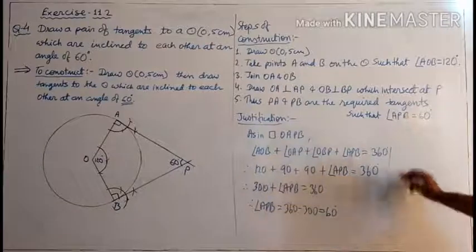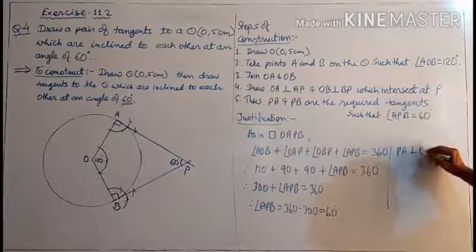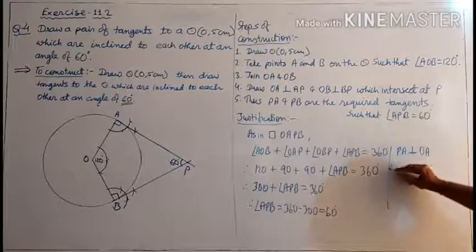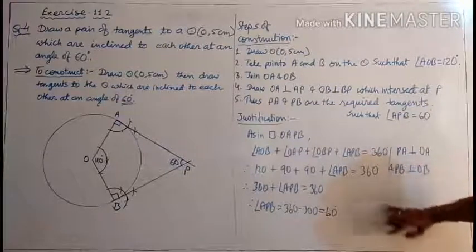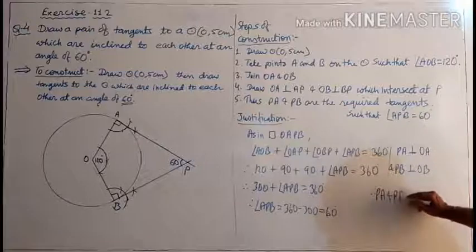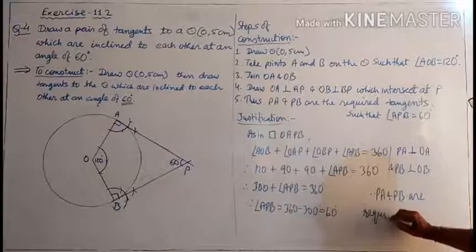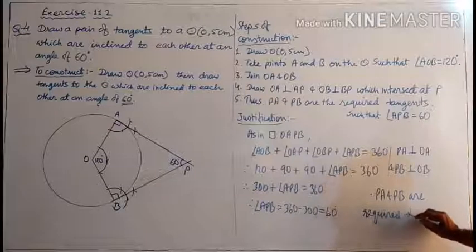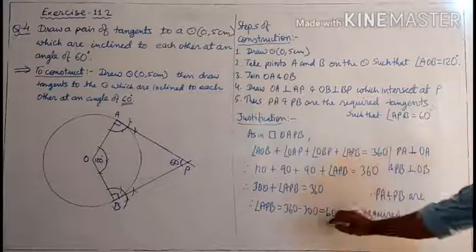At the same time PA is perpendicular to radius OA and PB is perpendicular to radius OB, and therefore PA and PB are the required tangents forming 60 degree to each other.